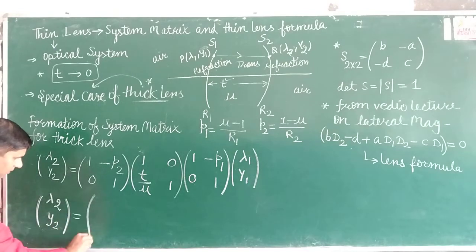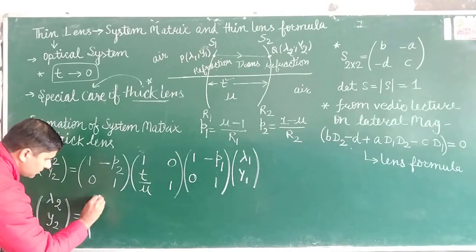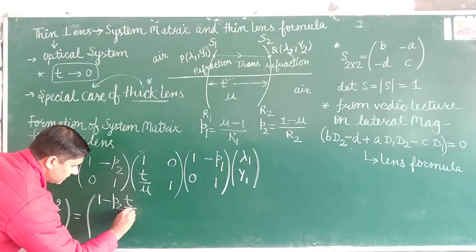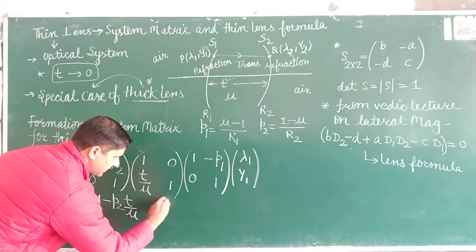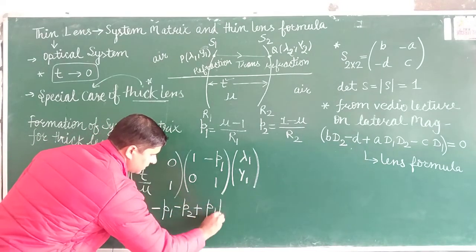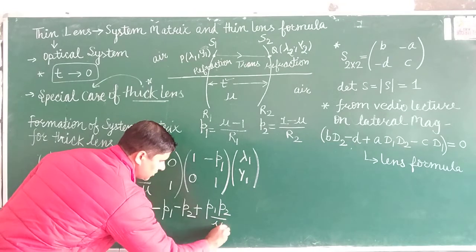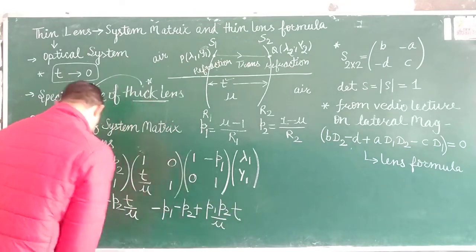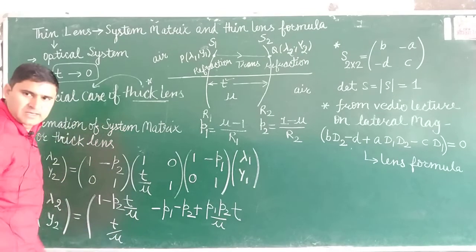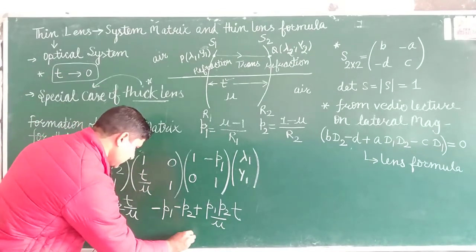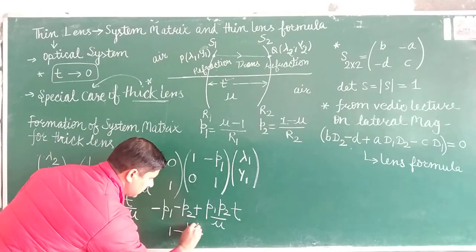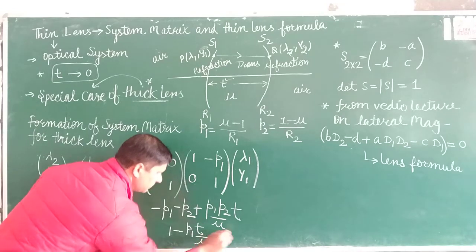This is equal to, after multiplication, you will get 1 minus P2 into T by mu, and here you will get minus P1 minus P2 plus P1 P2 divided by mu into T, thickness, and here you will get T, thickness, divided by mu, and here you will get 1 minus P1 into T divided by mu.